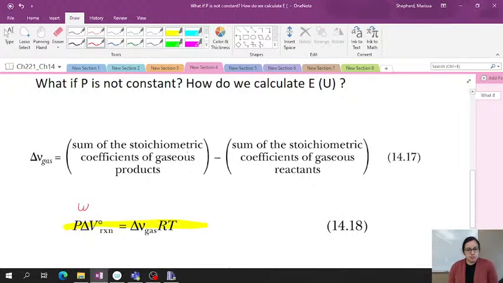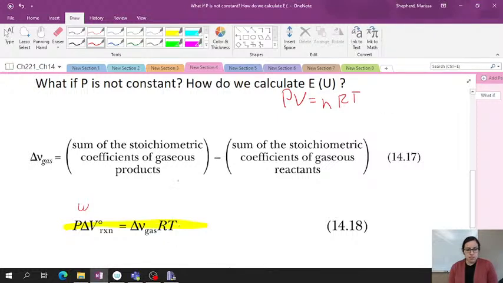And so that means that your new change in n is going to be equal to the sum of the stoichiometric coefficients of your gaseous products minus the sum of the stoichiometric coefficients of your reactants. And so that gives you your change in gas. And this is derived from PV equals nRT. So then you can calculate now your P delta V from this, essentially.